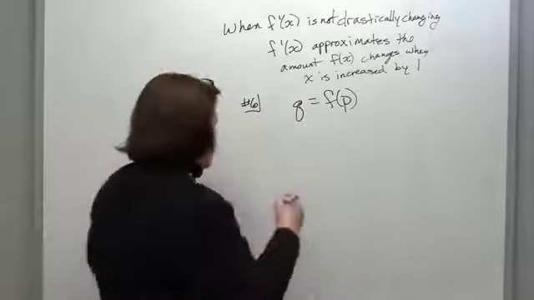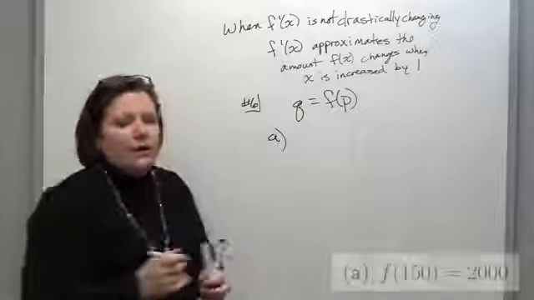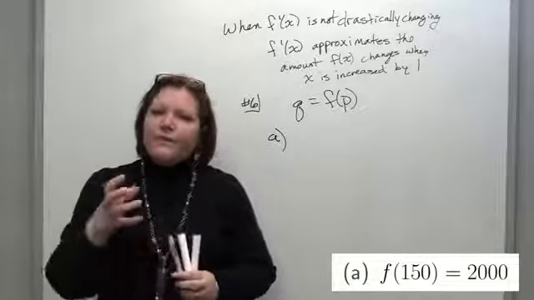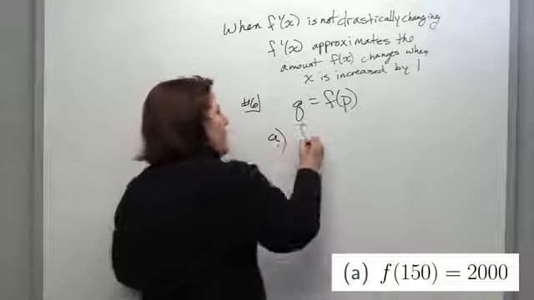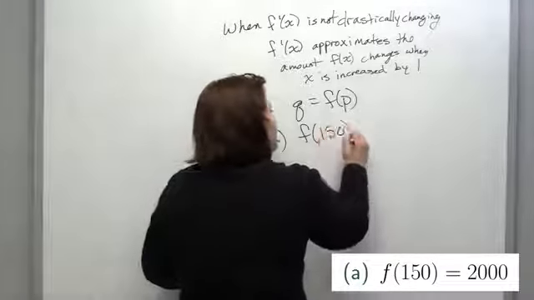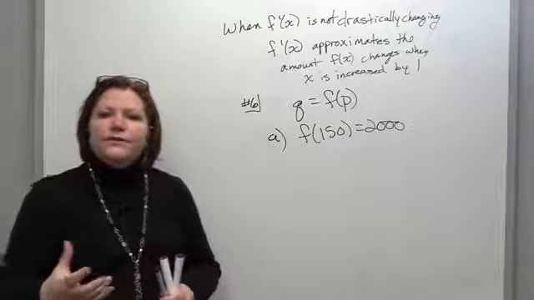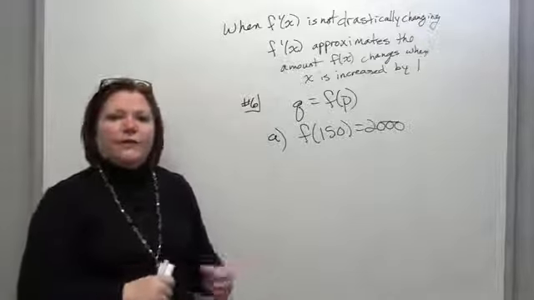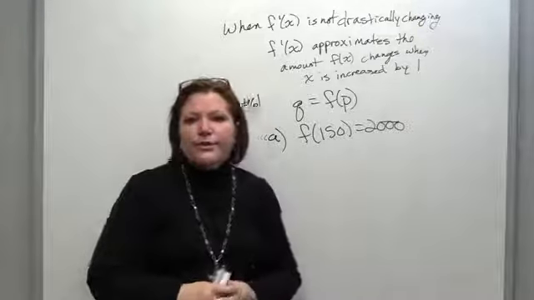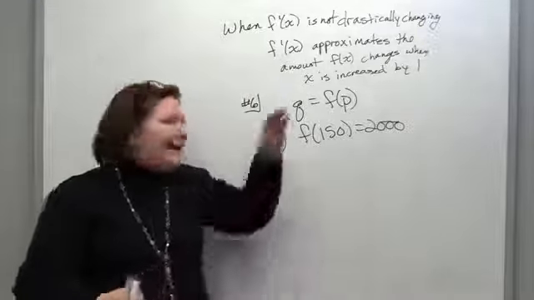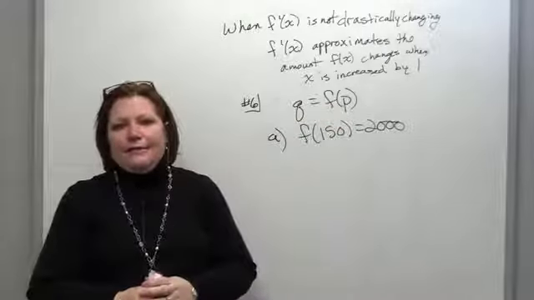So in part A, we are given the mathematical notation F of 150 equals 2,000. Now, when we're just given formulas, we understand what that means. When the x value is 150, the y value is 2,000 on the graph. But in this context, what does this actually mean?